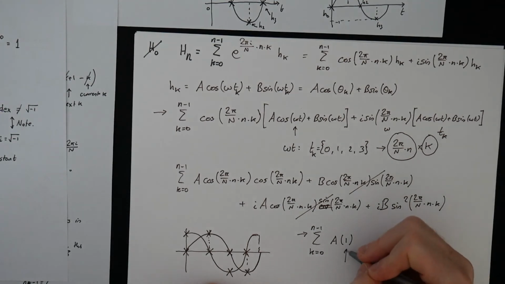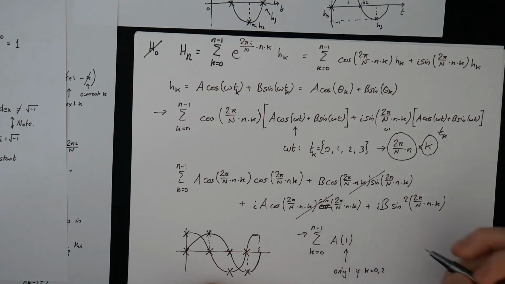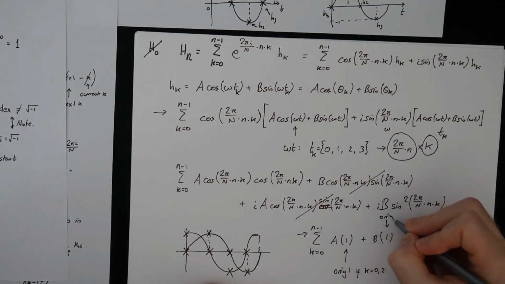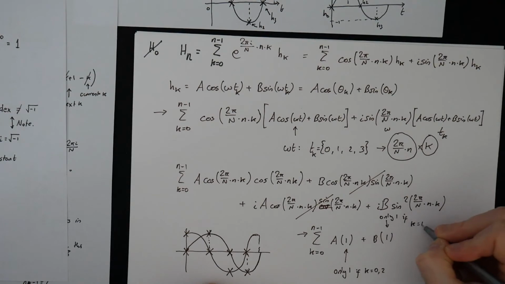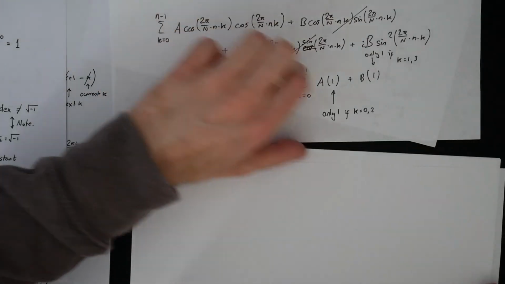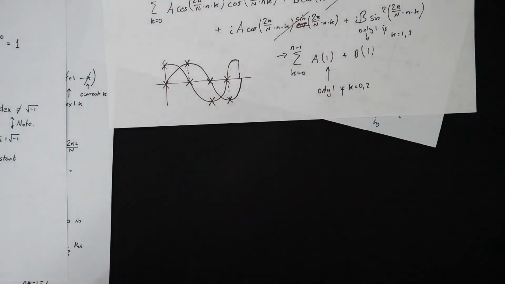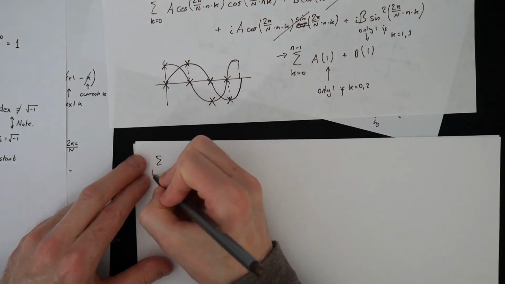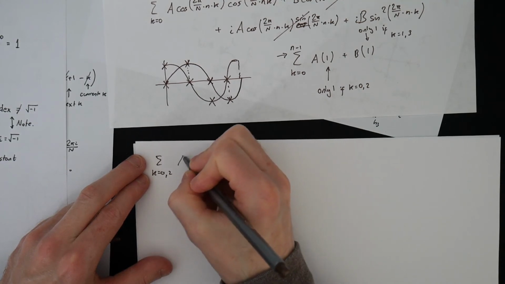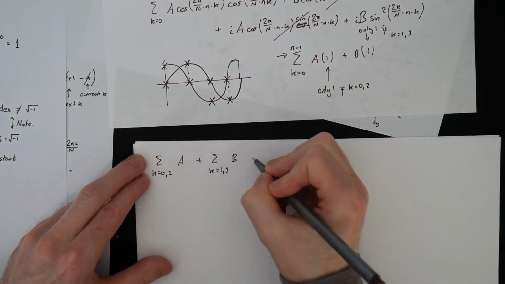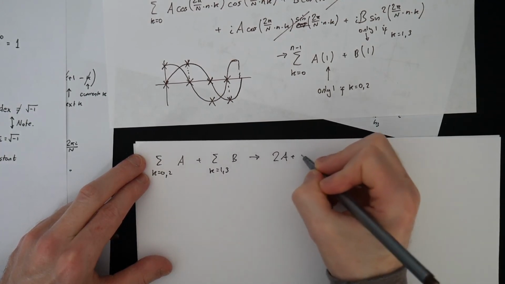But this is only 1 if k is 0 or 2, plus b, and this is only 1 if k equals 1 or 3. So I can write it in a more mathematically correct way. So we can have the sum over k equals 0 and 2 of a plus the sum over k equals 1 and 3 of b. So we get 2a plus 2b.